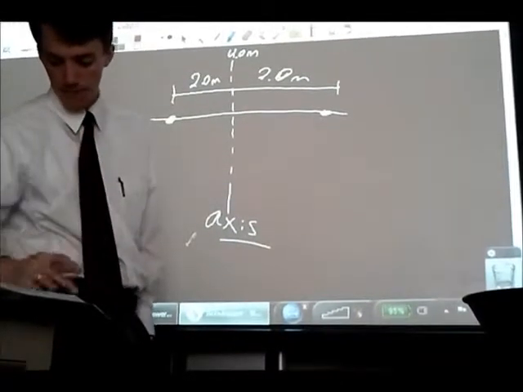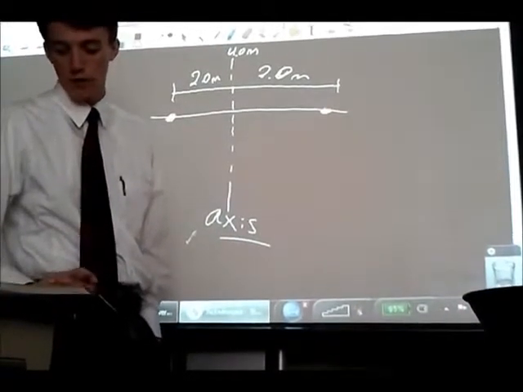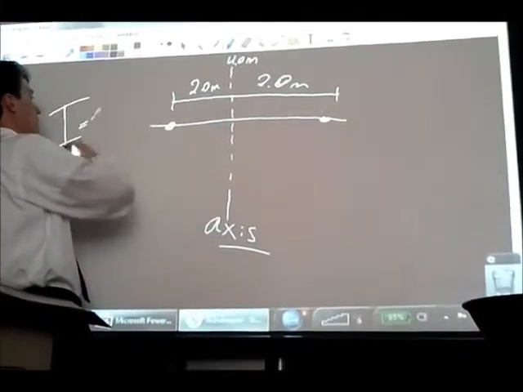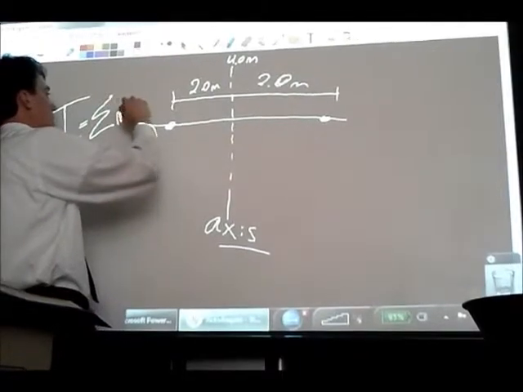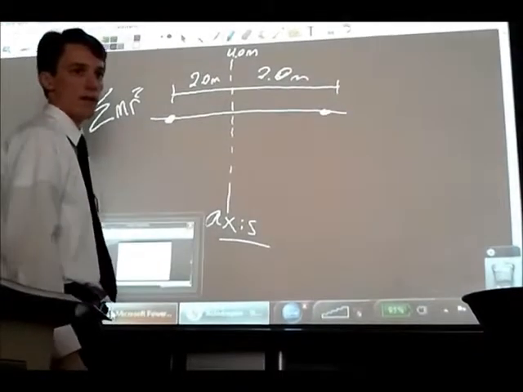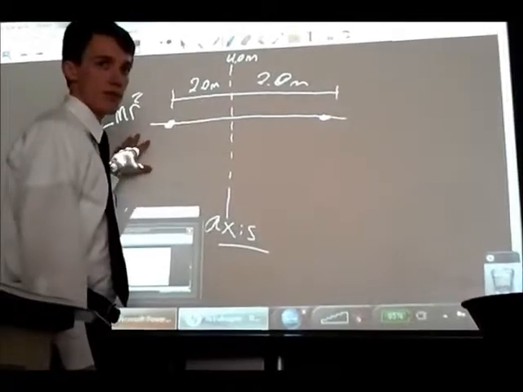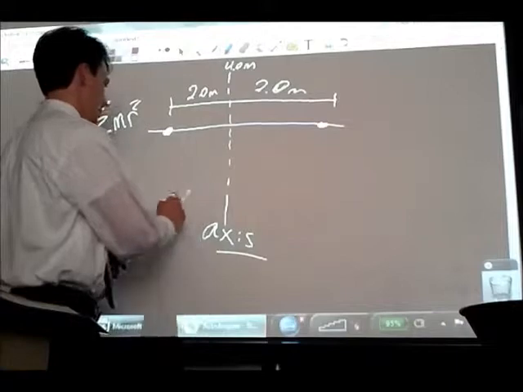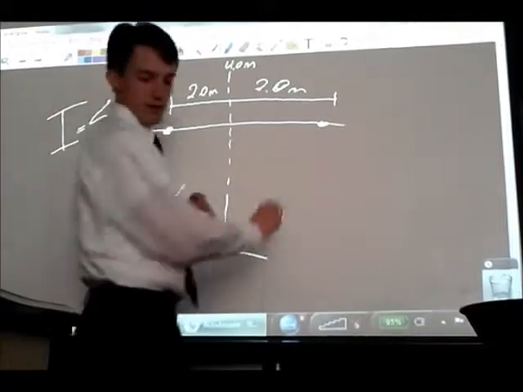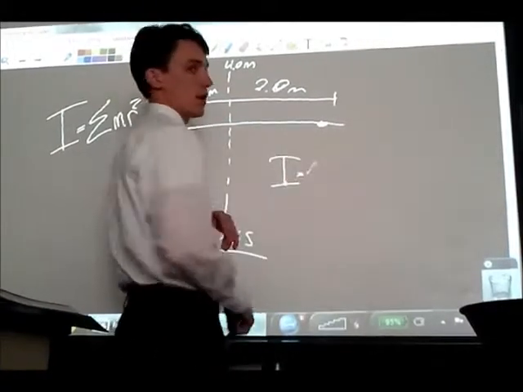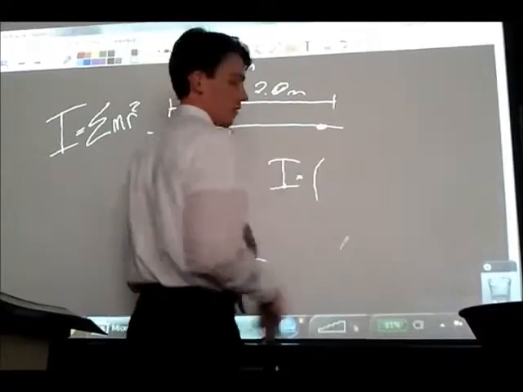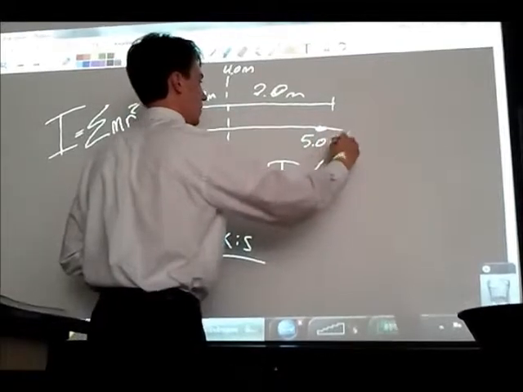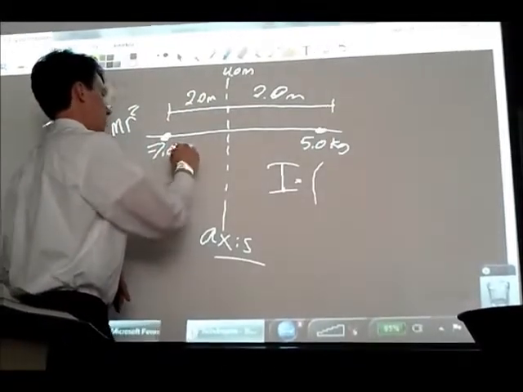Now we want to figure out the moment of inertia for the system. Remember, moment of inertia is equal to the sum of the masses times r squared, for points. This is going to shift tomorrow a little bit, and I'm going to show you how, but for right now, everything's all happy-dory. So I equals, you're going to sum all this up. The masses of these points are 5 kilograms and 7 kilograms.